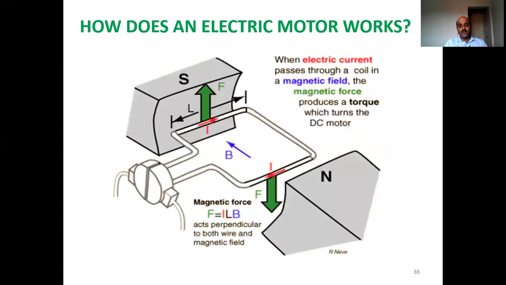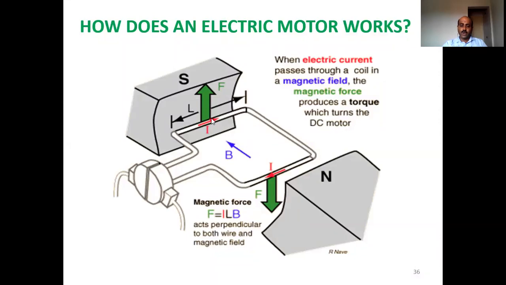Look at this also. When electric current passes through a coil in a magnetic field, the magnetic force produces a torque which turns the DC motor. See the current flowing in this direction. Based upon the direction of the flow of current, the force will be induced, and these forces act exactly opposite to each other in direction.